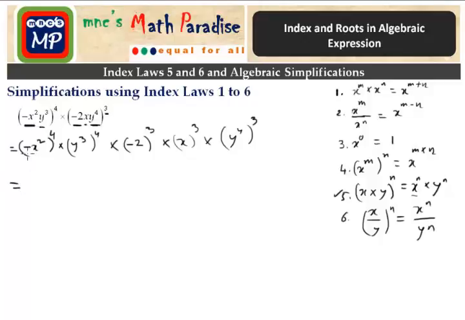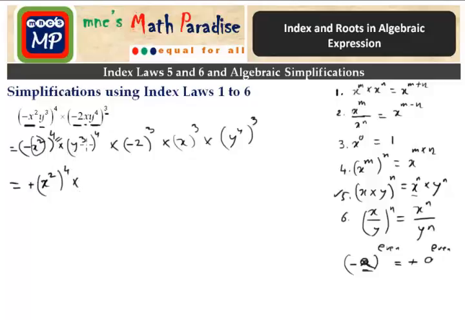Now minus x square to the power 4: any term, any variable with a minus to an even power gives us plus that term to the same power. Since the power is even, this minus will become plus, and this x square will have the whole power 4.